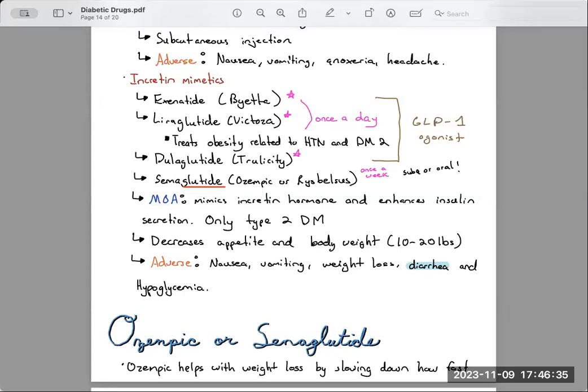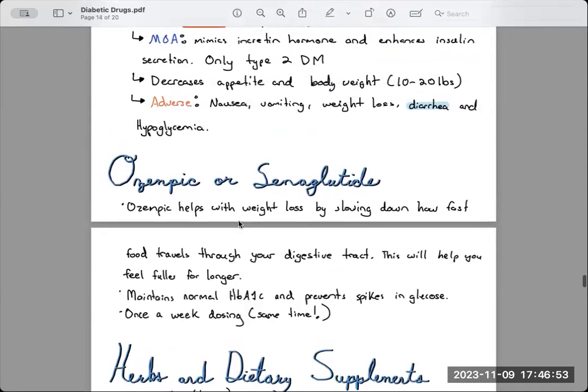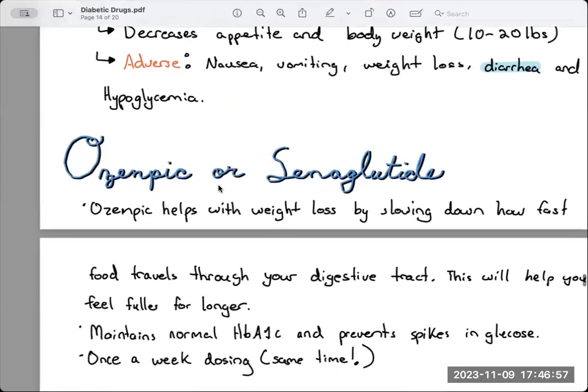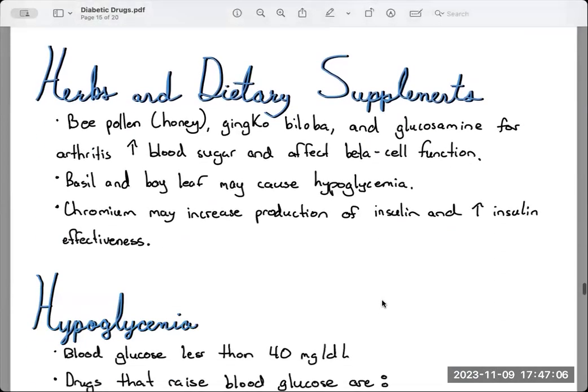They decrease the appetite and body weight, which helps with lowering those sugars and helping with that type 2 diabetes. Once again, they also work in the GI tract, so we expect nausea, vomiting, diarrhea, and weight loss, because a part of it is helping you lose weight. With Ozempic, you give it at the same time, once a week, and it helps maintain those normal hemoglobin A1C levels that I was talking about before, and it prevents spikes in glucose.